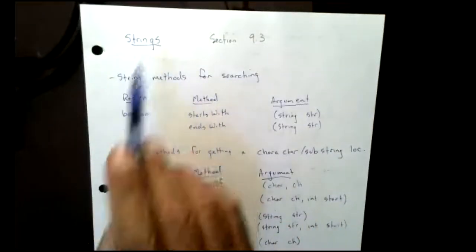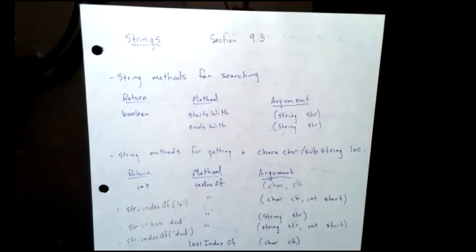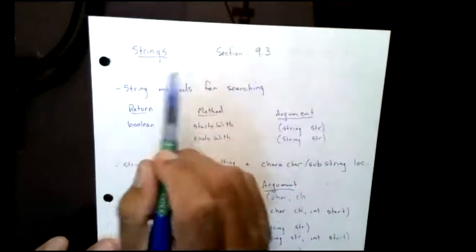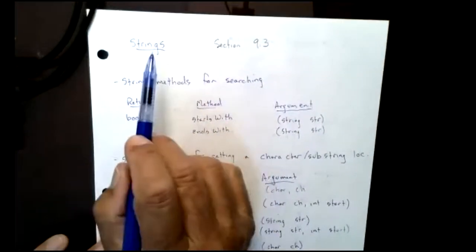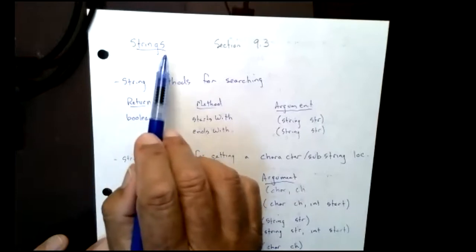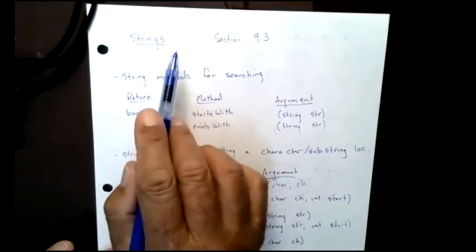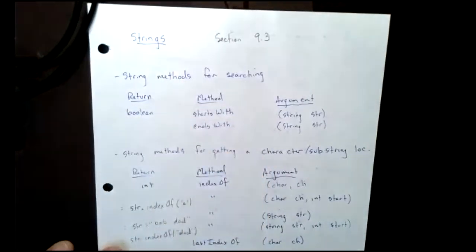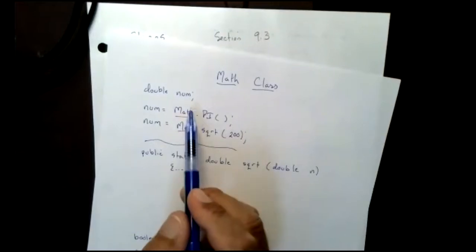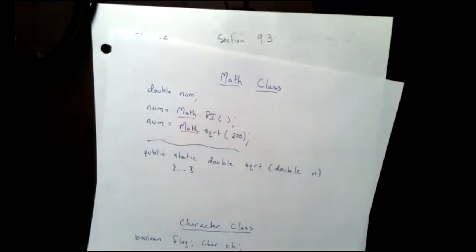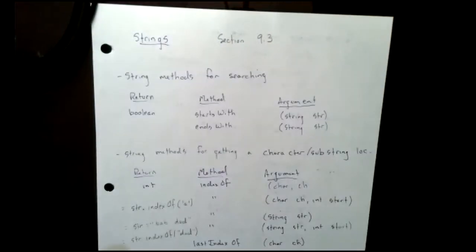This one we don't. Years ago we used to, but now String is so needed that it's automatically included in Java. So when we get ready to use things from the String class, we don't have to call the class name. The class name is already included when we compile. It's one of the libraries that are included.